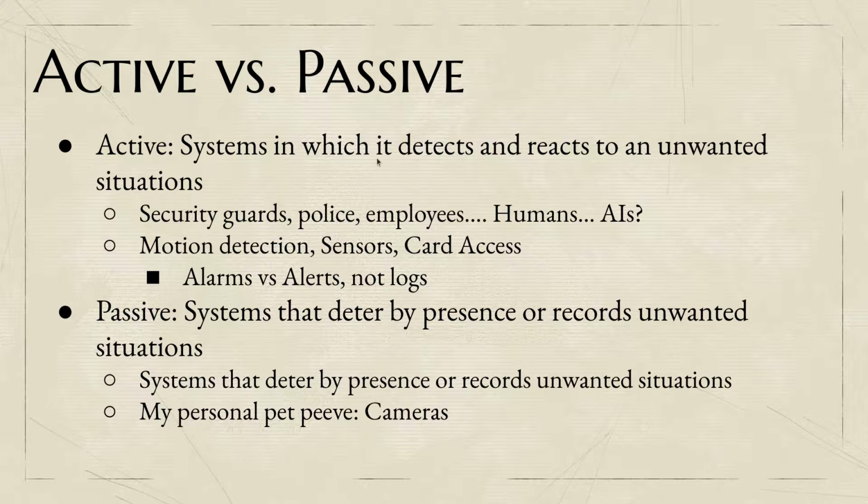It's going to react to an unsecure, unwanted situation. We have a choice of either doing alarms or alerts. An alarm actually makes a noise that everyone, including the perpetrator, can hear, hopefully scaring them away and stopping the unwanted situation from happening, or stopping it mid-happening.